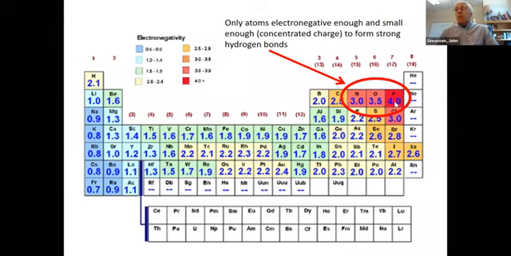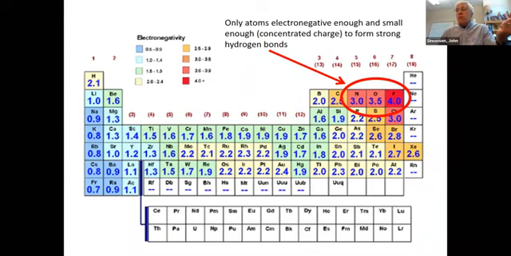Fluorine is 4.0, really strong, and then it drops rapidly from there, right? So you have, and as it says up here, you really only get hydrogen bonding in the situations that we're interested in wood adhesion. Hydrogen bonding is only important with nitrogen and oxygen.